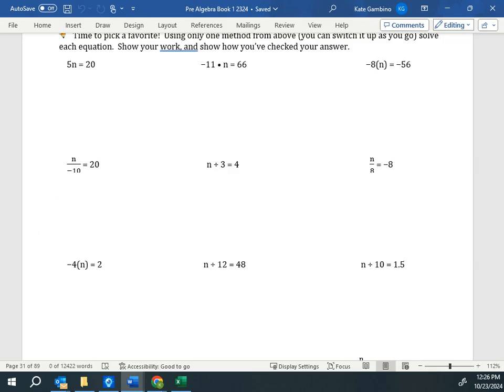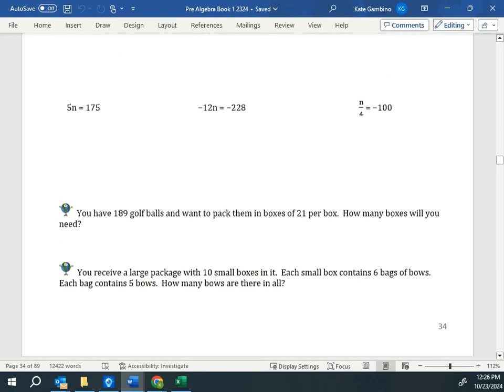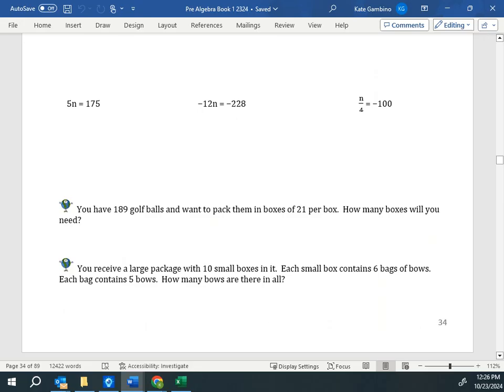Multiplication. So if it's right next to the variable, it means multiply. If it's right next to the parentheses, it means multiply. And then we have our two word problems. Same thing we're doing. Okay, don't be confused by the words. We're just doing the same thing.